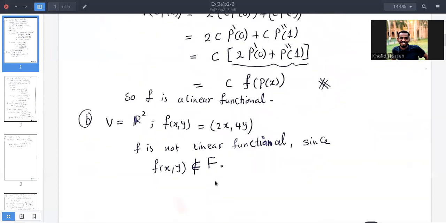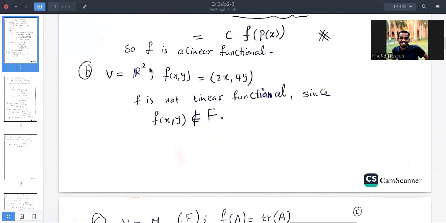Now let us go to b. Here V is a vector space, which is R2. Our function is defined as f of x y equals 2x plus 4y.